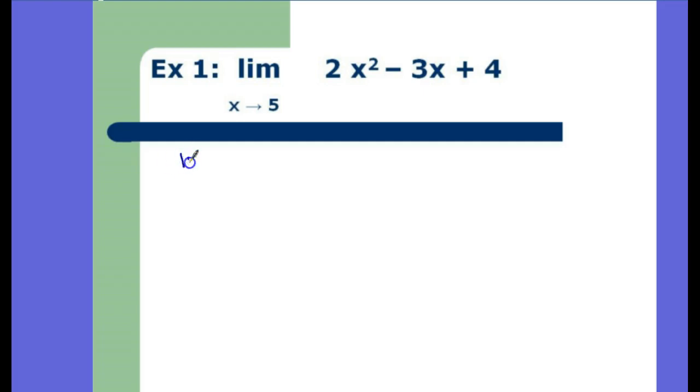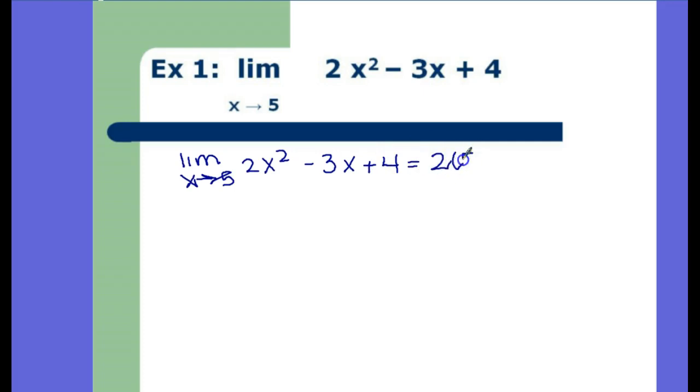So we're going to look at the limit. Anytime you have a limit, you must write limit. So when I plug it in, I have to write the limit until I get a numerical answer. On your paper, you can't put equals until you plug in all of the numbers. So I have the limit of 2x squared minus 3x plus 4. Be careful. You can put your equals. Now plug in your numbers.